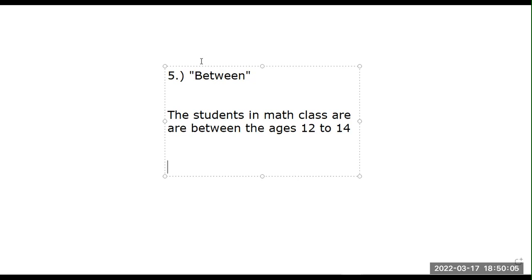Well, think about what between does. 12 would be the lowest point, 14 would be the biggest point. So I would use A to represent the ages of these students.